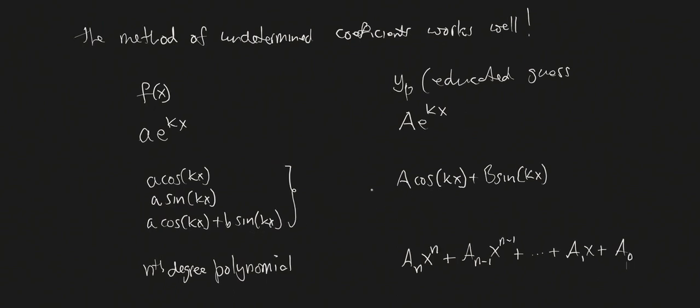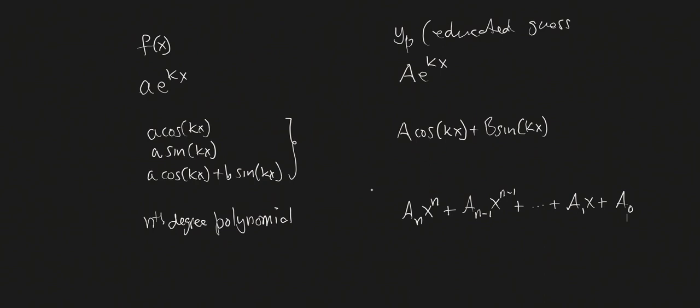Now, the interesting thing is, there are some times where your output isn't just of one type. Are you allowed to combine them? Could you add an exponential and a trig, or multiply an exponential by a polynomial? Yes.